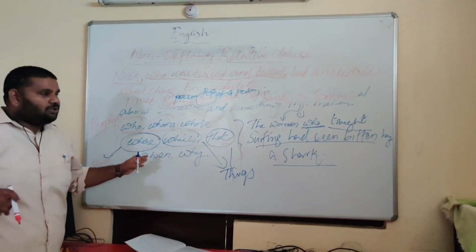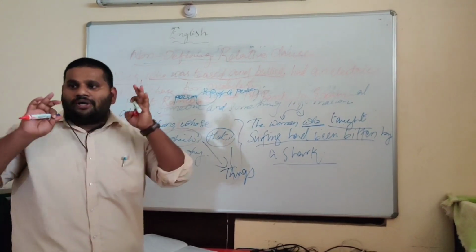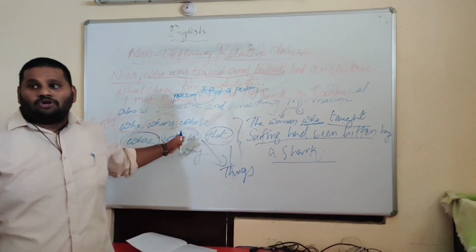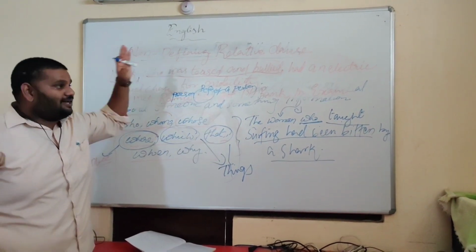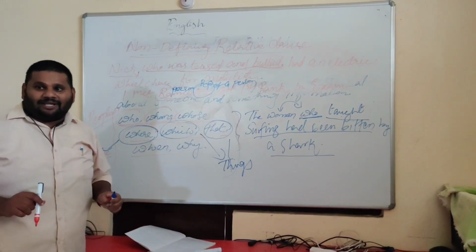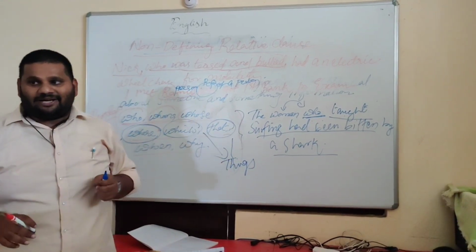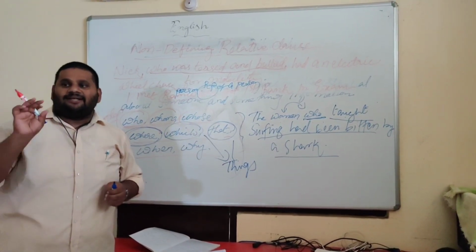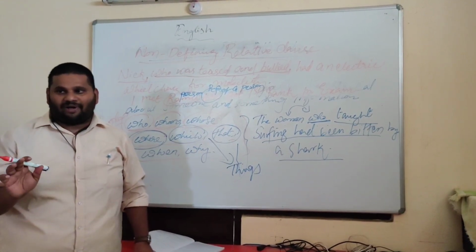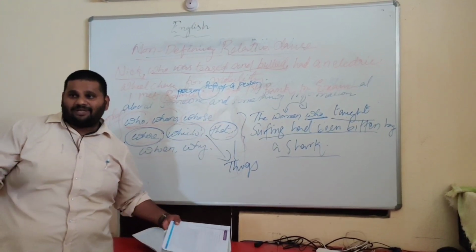If you want to look at a defining relative clause, you must understand that there is no comma. No comma should be added in a defining relative clause. Are you ready? If you want to identify a non-defining relative clause, there must be two or more commas or hyphens. So you can see examples from the textbook.